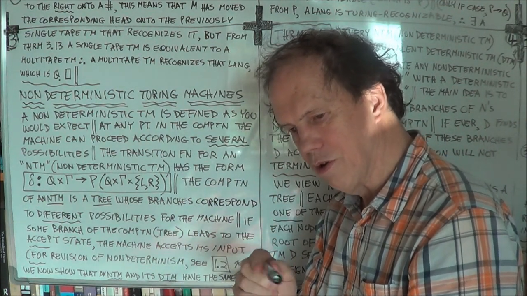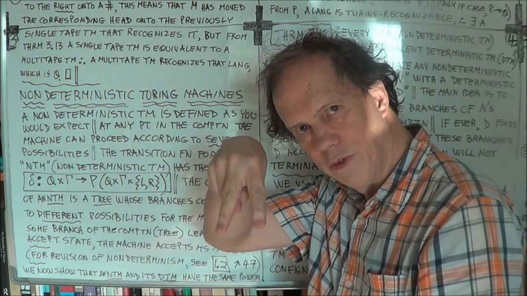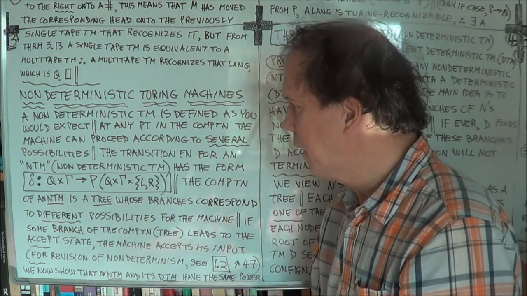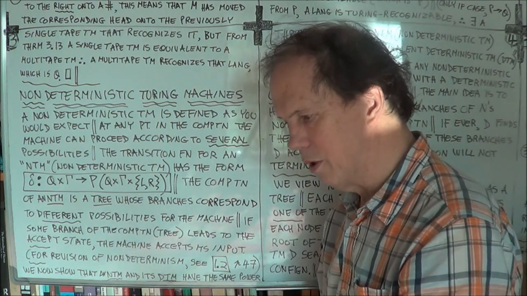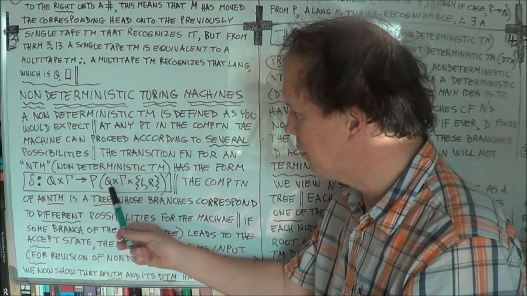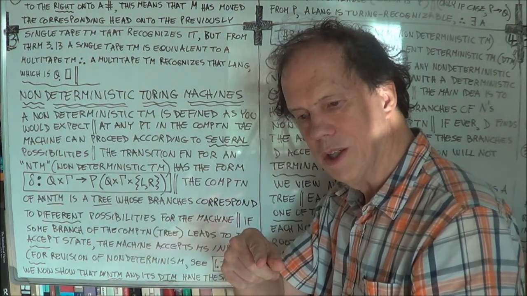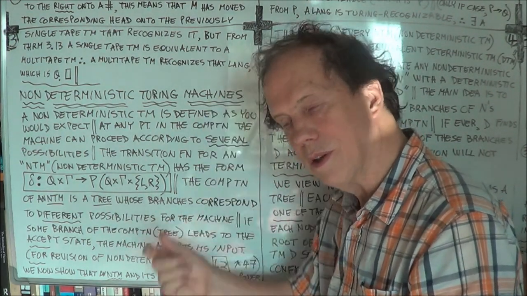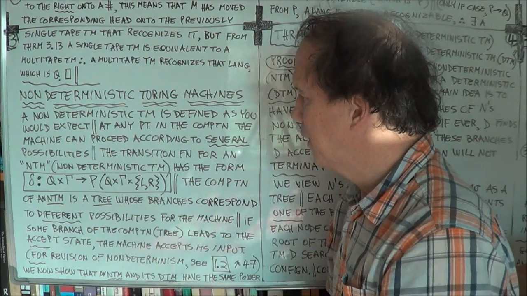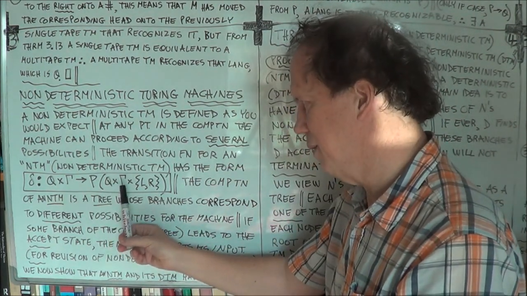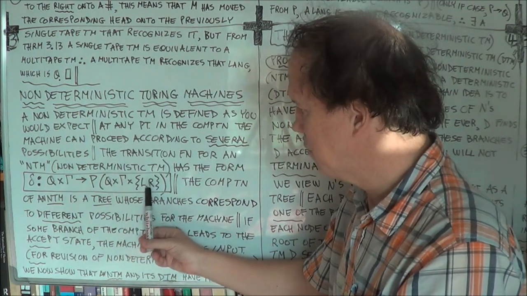You'll now have two copies, two children from the node, two Turing machines. One of them will have the configuration of one of those triples, and the other copy will have the second triple: a next state, a symbol to be written, and a move.